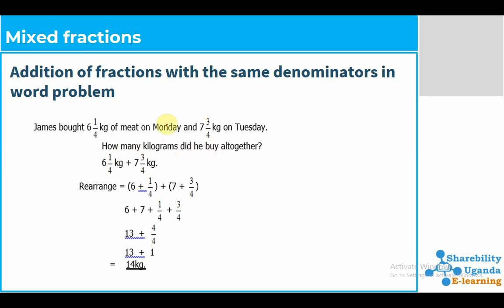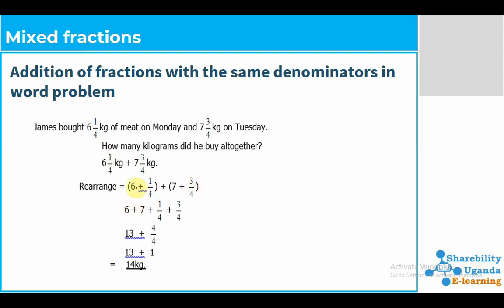So you can use any method that best fits you, and you can come up with the right answer. Here we can say you first rearrange them. 6 whole number 1 out of 4 is the same as 6 plus 1 out of 4. Also 7 whole number 3 out of 4 is the same as 7 plus 3 out of 4.